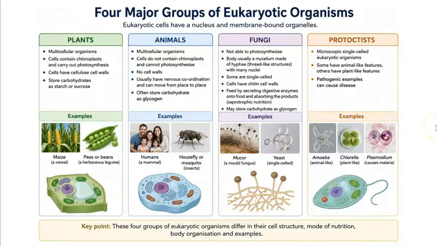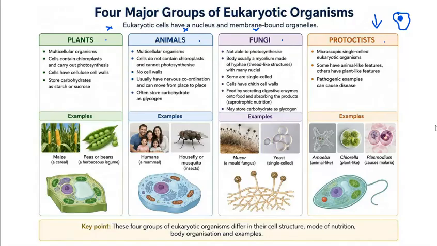The eukaryotic organisms are divided into four groups, and you can see the groups of plants, animals, fungi, and Protoctista. This last one is probably a new name for you. And in fact, this last group, the Protoctista, is different to the other three because this group is composed of all of those living things made of cells, which therefore means they have a nucleus.